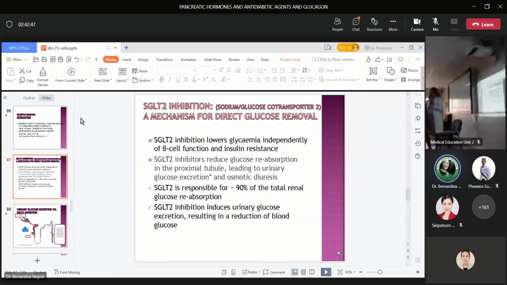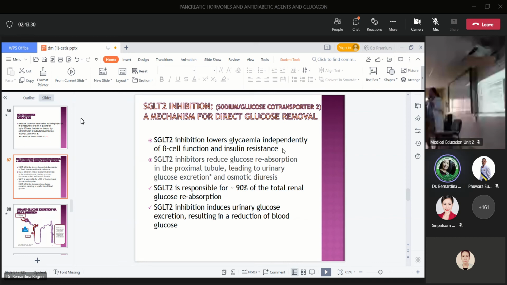SGLT2 inhibition lowers hyperglycemia independently of your beta cell function and insulin resistance. SGLT2 inhibitors will reduce glucose reabsorption in the proximal convoluted tubule of the kidneys. So inhibition of the reabsorption of glucose in the proximal convoluted tubules can lead to urinary glucose excretion and osmotic diuresis. Glycosuria, of course.